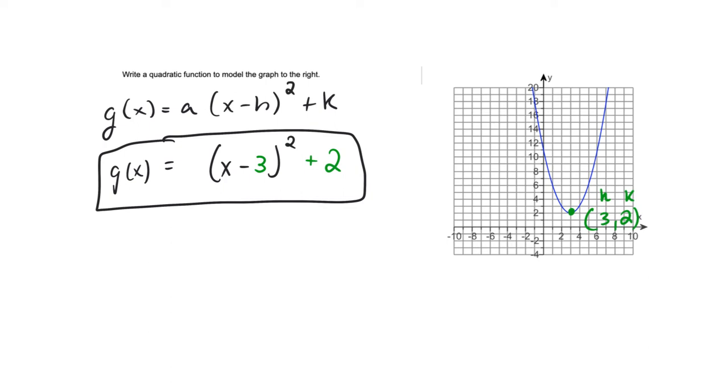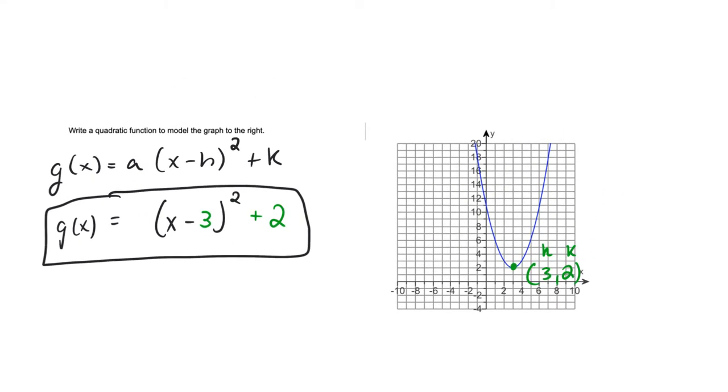If you didn't believe that a was 1, you could substitute an x and a y value. You could pick any x, y point on the function. So say we wanted to use the point 1, 6.